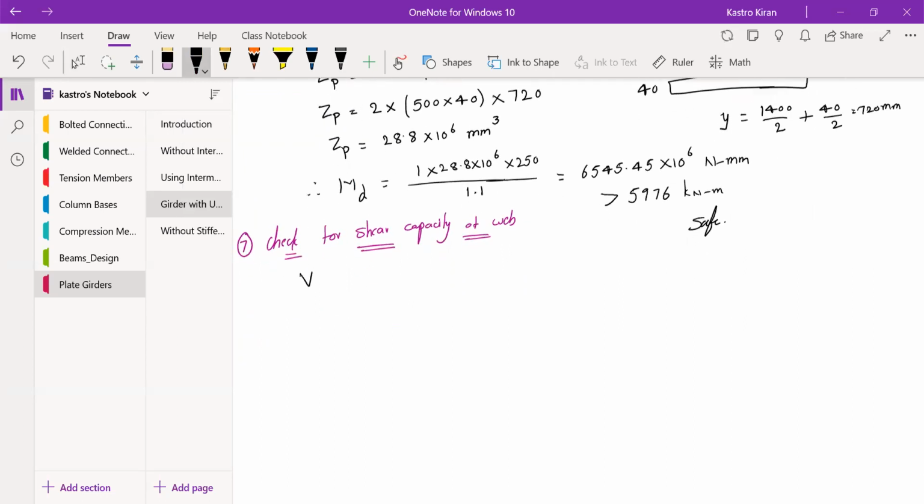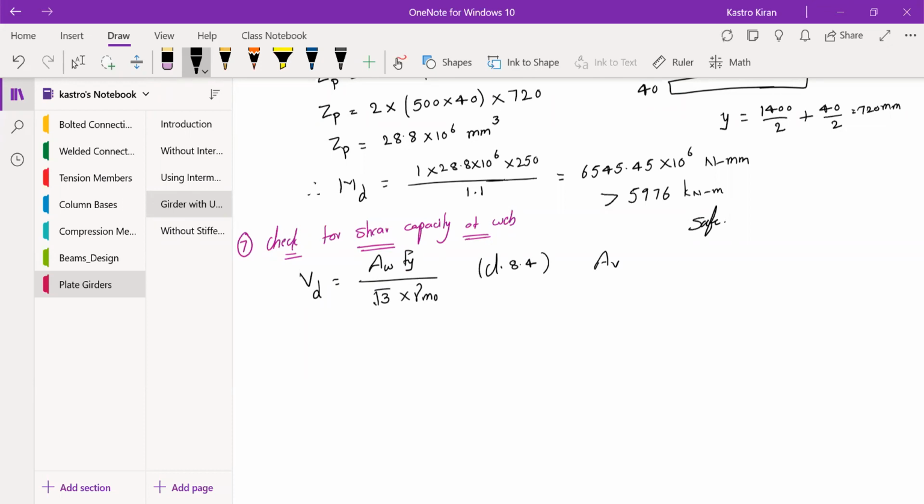So how do you find this value? It can be found as VD, the design shear force, equals AW, the area of web, into Fy divided by √3 into gamma M0. This is available in clause 8.4 of IS 800:2007. In the code book, they have written AV instead of AW.